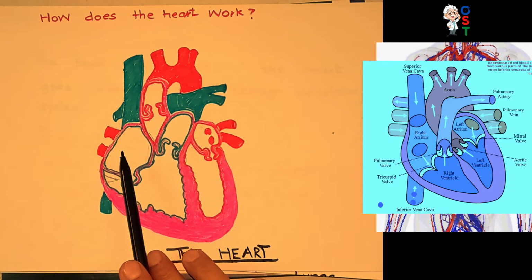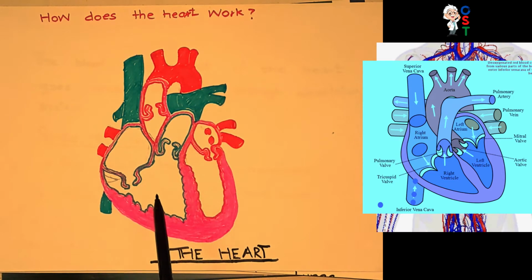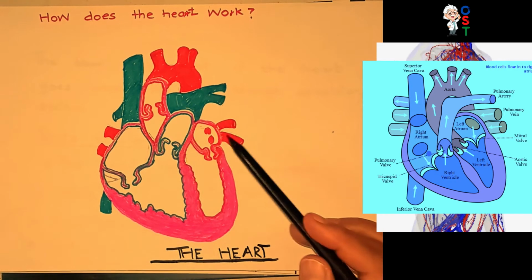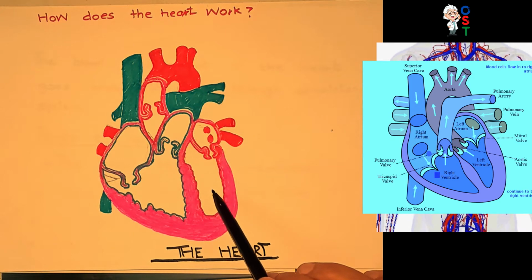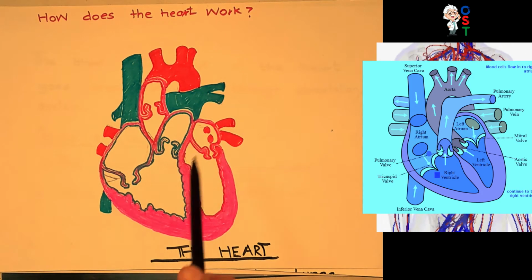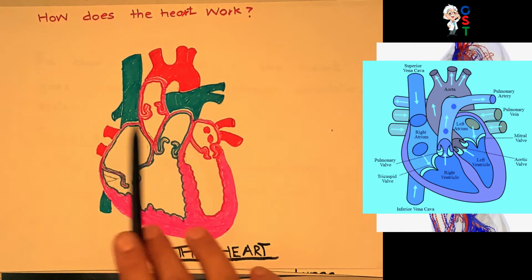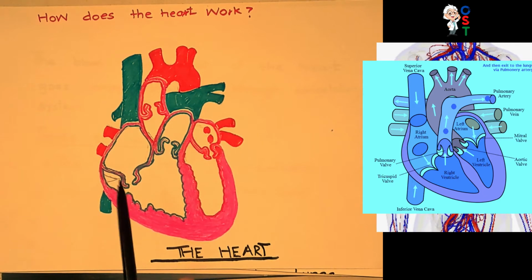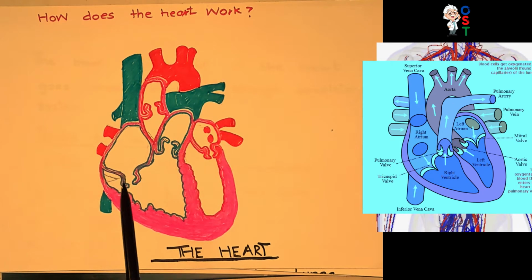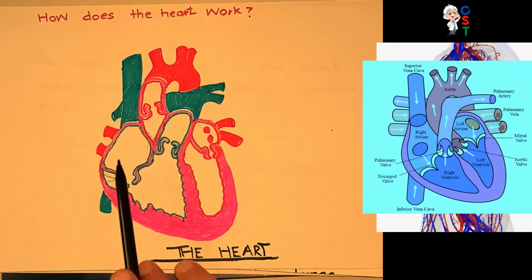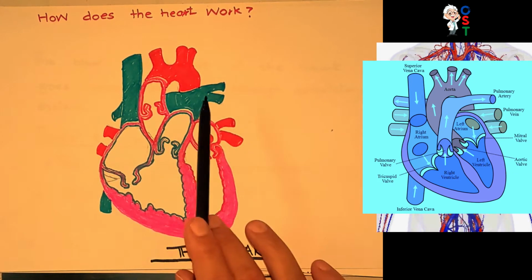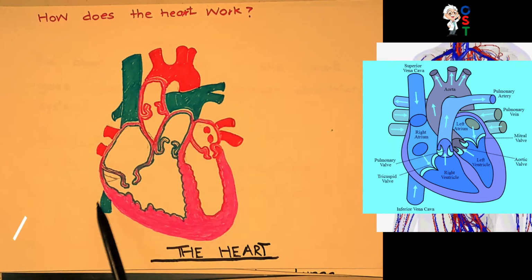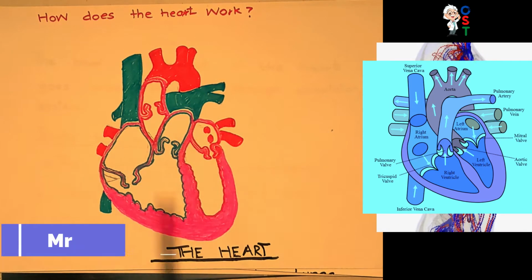Right atrium, right ventricle, left atrium, left ventricle. And you can see these are the valves. There are 4 valves, and these valves are the opening, or you can say the relation between atria and ventricles. And this is the aorta and these are the vena cava. Okay, this is the whole structure.